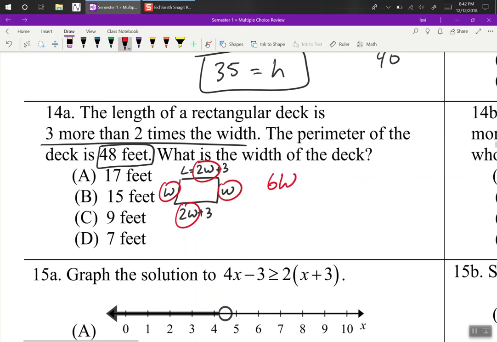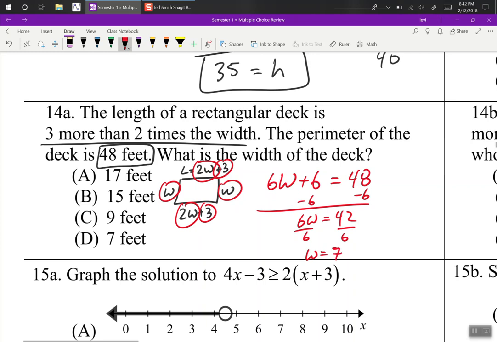So that's 6W, and 3 and 3 make 6. And that equals 48. Now we'll solve for W. Subtract 6, subtract 6. 6W equals 42. Divide by 6. And W equals 7. So our width is 7.